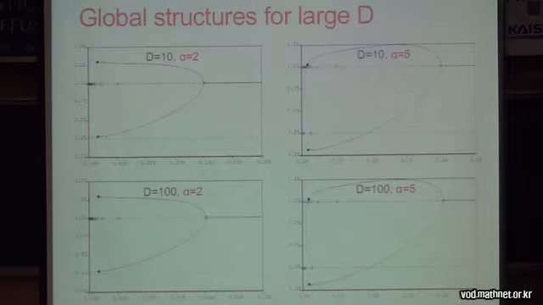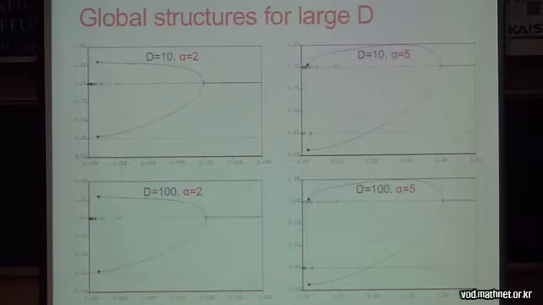In this case d is relatively large: d equal to 100, alpha equal to 2, and alpha equal to 5. So quite a similar bifurcation structure is obtained. This result means that the value of D does not influence the global structure of stationary solutions.